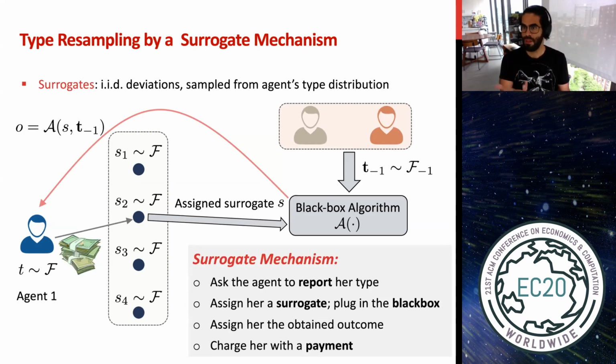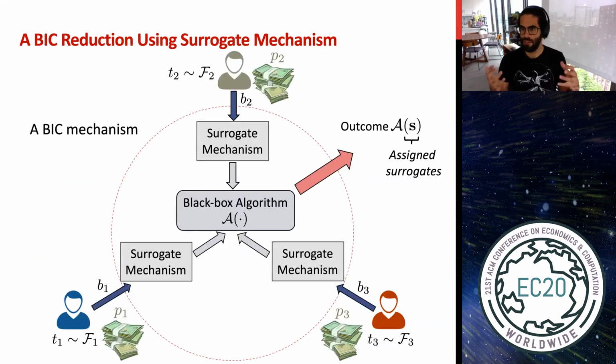Think of this as a single agent mechanism design problem, where you would like to design the allocation of the agent to a surrogate and the payment rule so that this final thing is an incentive compatible mechanism. Once I design this incentive compatible mechanism for each agent, I plug them back into the picture to get my final black box reduction.